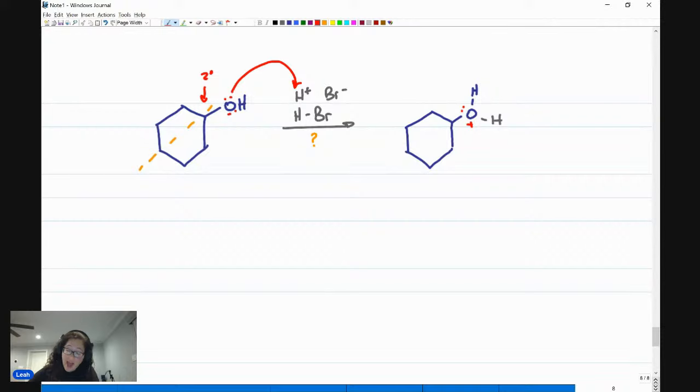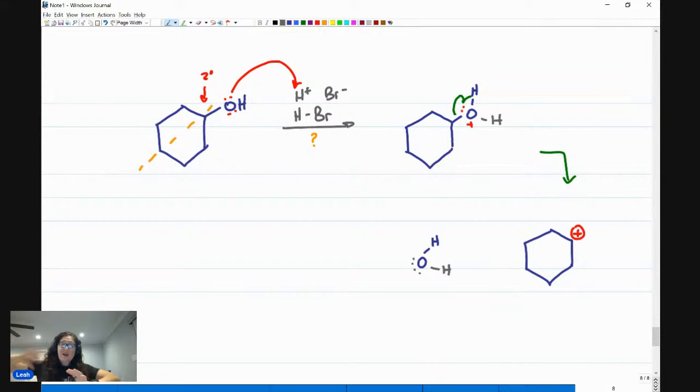Now this thing is happy to leave, because if it breaks away, what I'm left with is, first of all, a carbocation and then a water molecule in solution. If you remember earlier, we used a solution with Br minus and water, and we said that the Br minus was hiding, it was caged, it was not reactive.